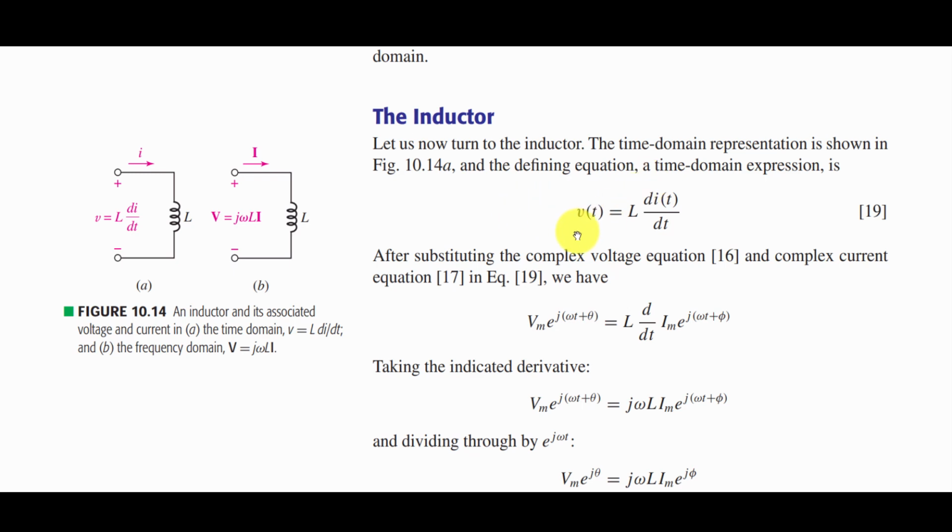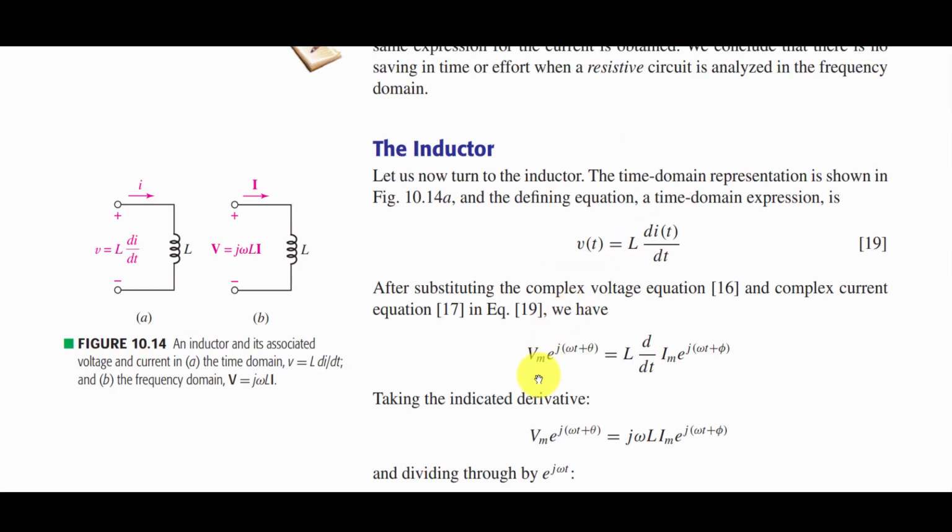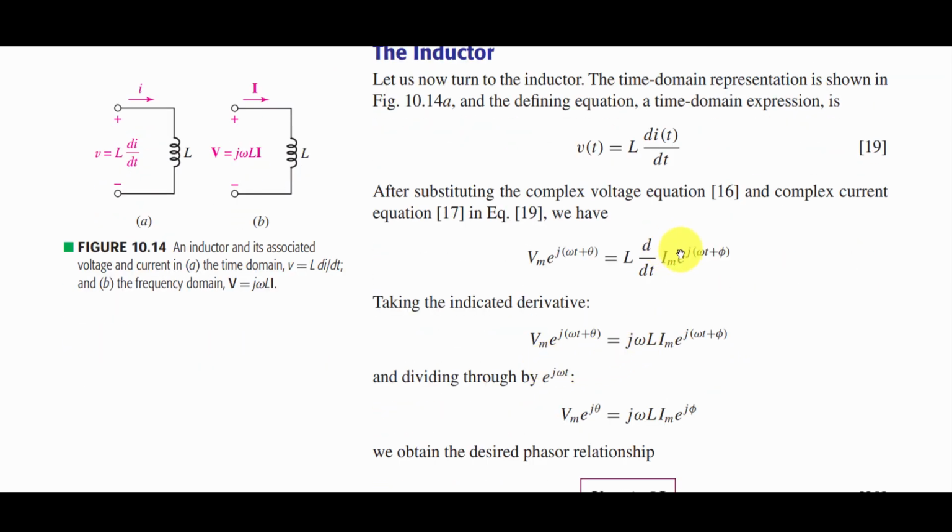Inductor has the same, v(t) equals L di over dt. Let's say we have this voltage Vm e to the power j(omega t plus phi), and if we take the derivative, e to the power j phi is a constant, and e to the power j omega t has a derivative of j omega e to the power j omega t.